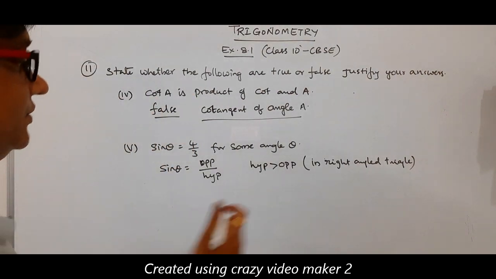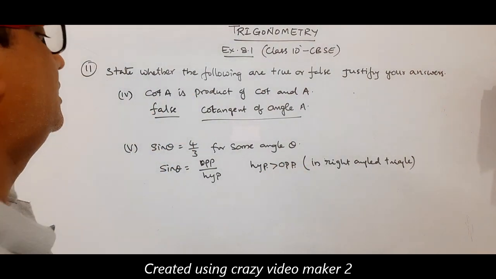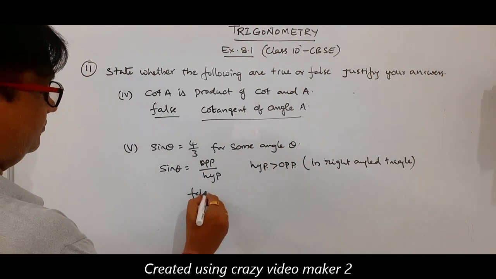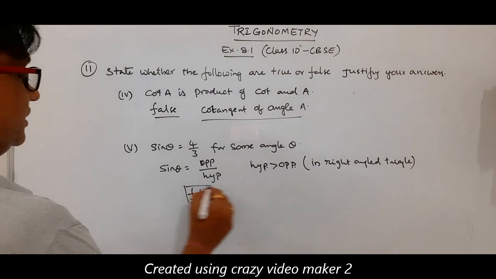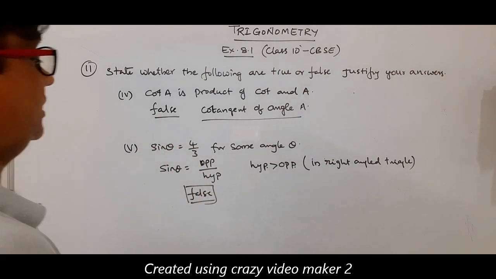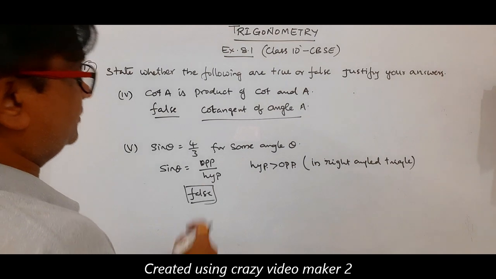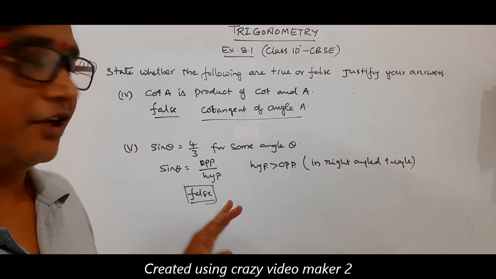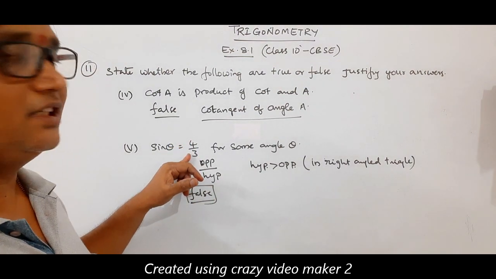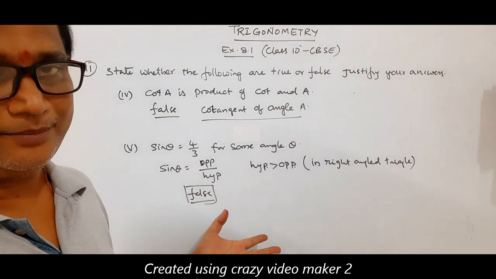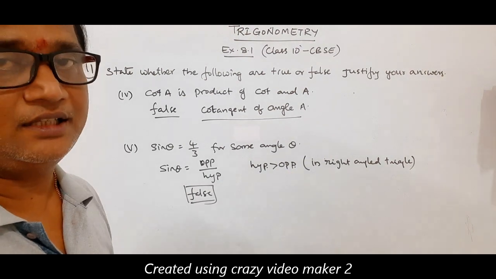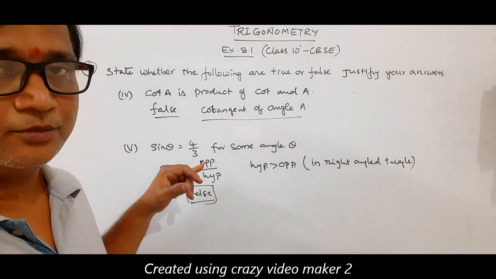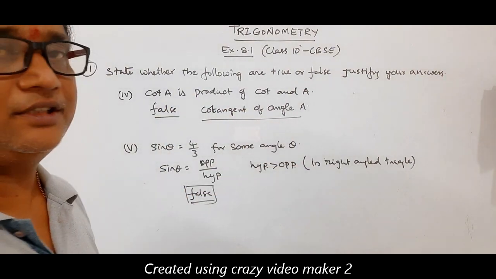Therefore, this is false. Here 4 is opposite and 3 is hypotenuse, which is not possible. 3 by 4 is okay. But 3 greater than 4? Is it possible? No. That's why the statement is false.